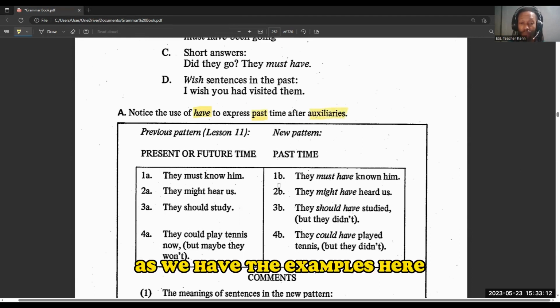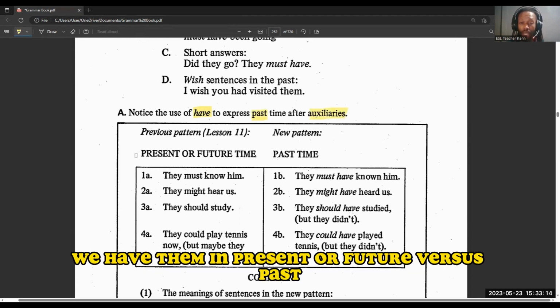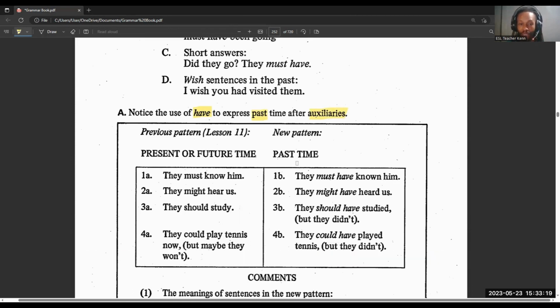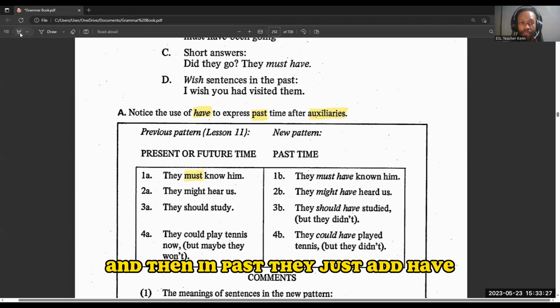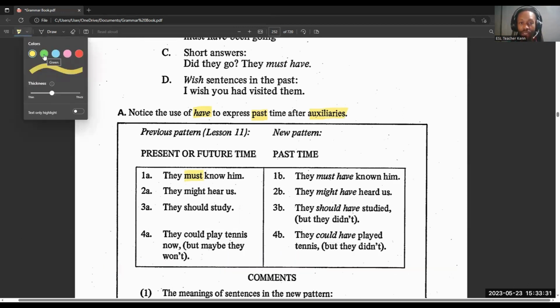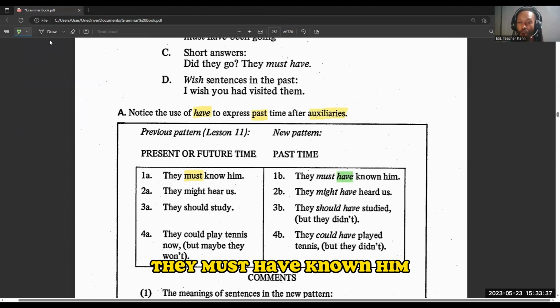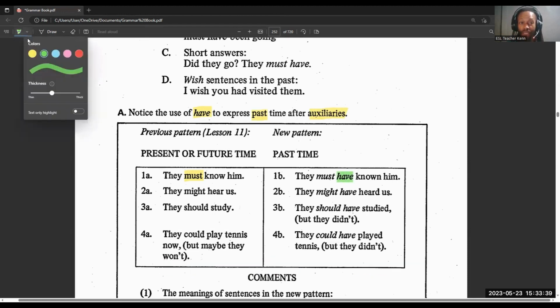As we have the examples here, we have them in present or future versus past. In present or future, it says they must know him. And then in past, they just add have and they say must have. They must have known him.